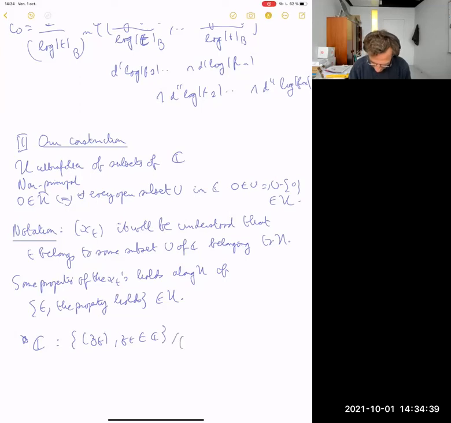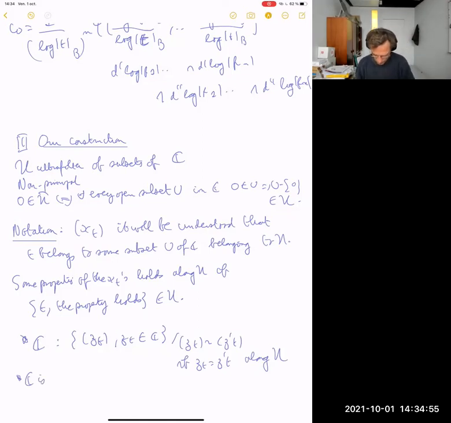Divided by the relation that z_t is equivalent to z'_t if z_t is equal to z'_t along U, so eventually along my ultrafilter. And so *C is an algebraically closed field.